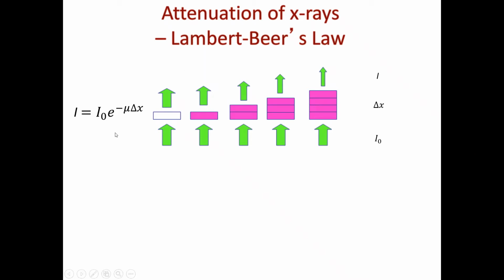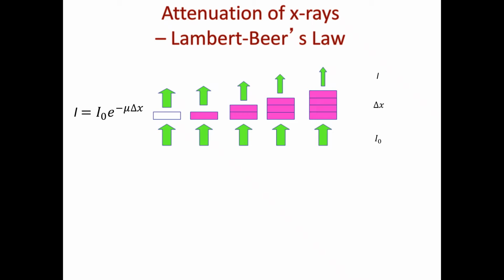And the model that we use for the intensity is this exponential model, so I depend on the thickness delta x, and I have a certain coefficient, which is here just a simple coefficient mu. So that mu basically comprises this entire interaction of the X-ray with the material.